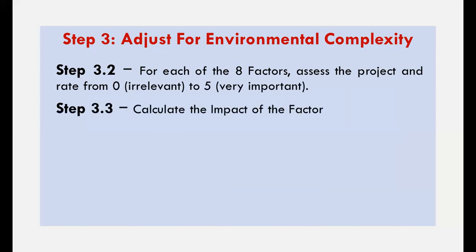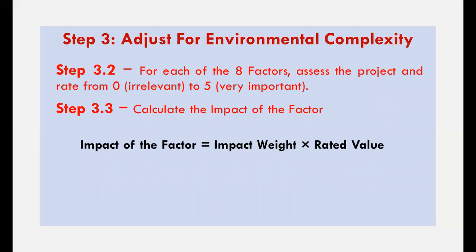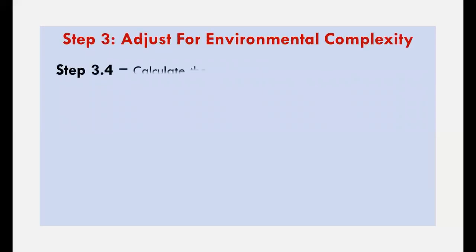And in step 3.3, we need to calculate the impact of the factor from the impact weight of the factor and the rated value for the project, which is given by the formula impact of the factor is equal to impact weight into rated value. Now, in step 3.4, we need to calculate the sum of the impacts of all the factors.